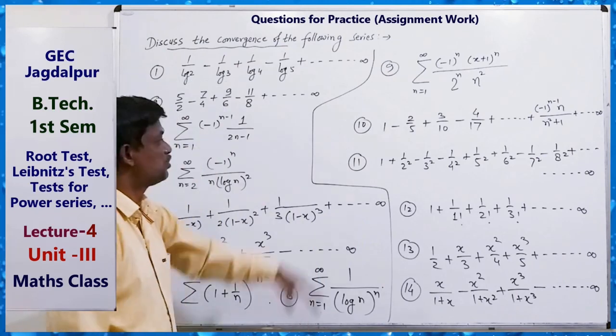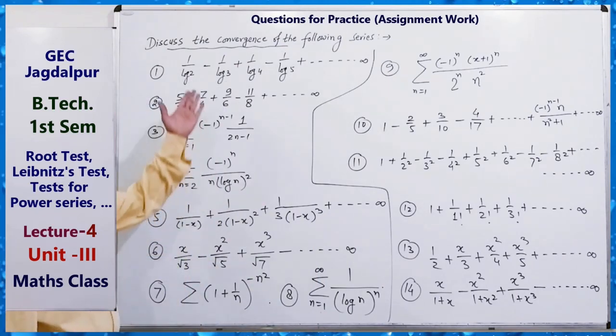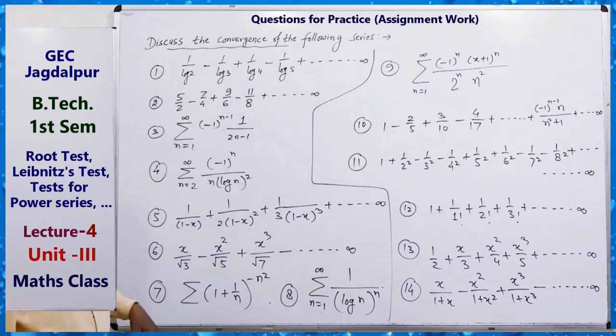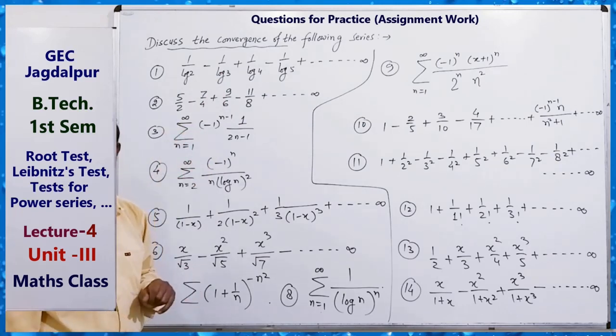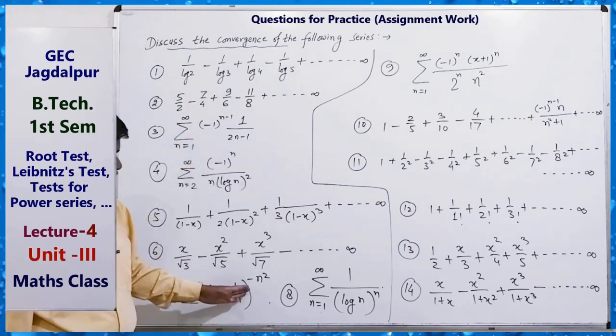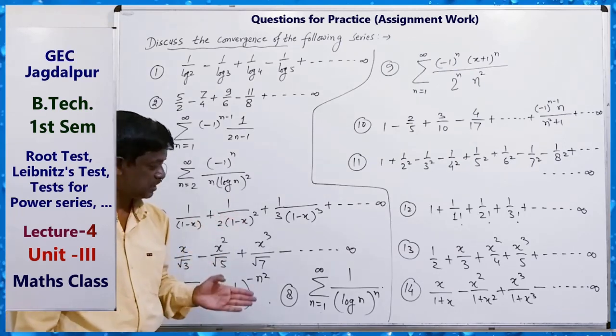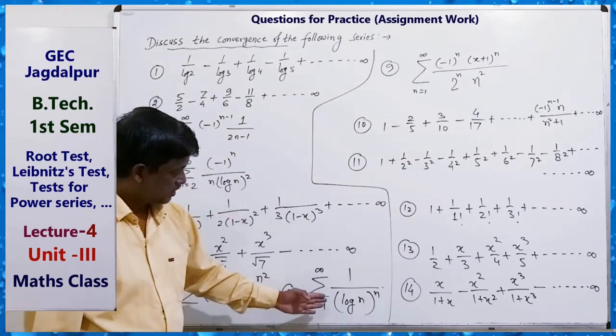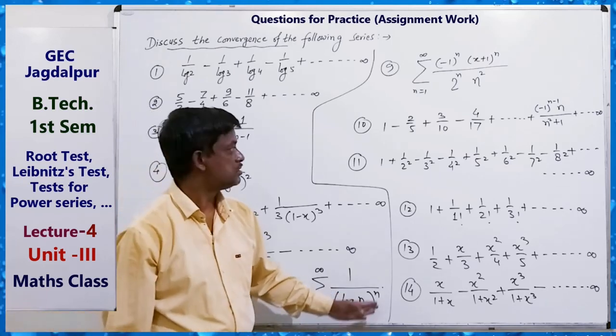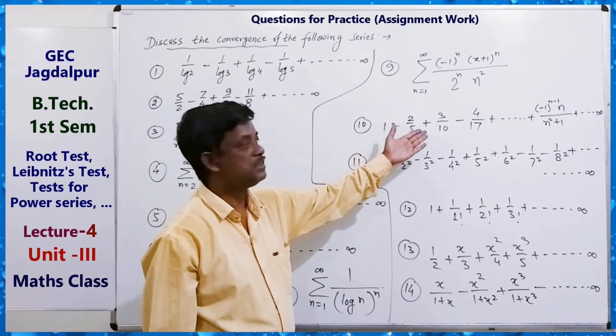Fourteen questions you have to test for this. So, alternating series. This is an alternating series. Root test you can use here. Okay. Root test can be used here, and here also root test can be used. Alternating series is this.